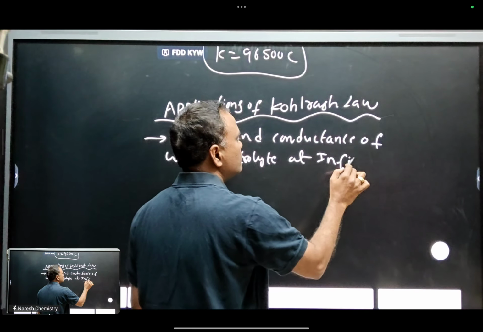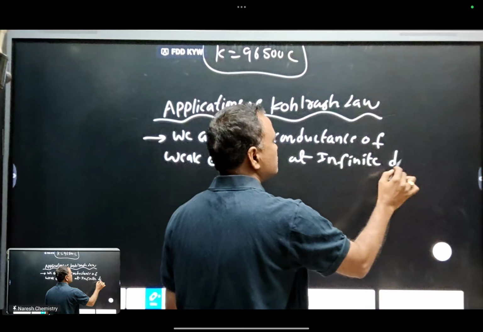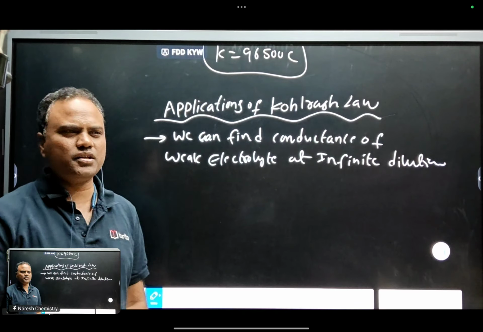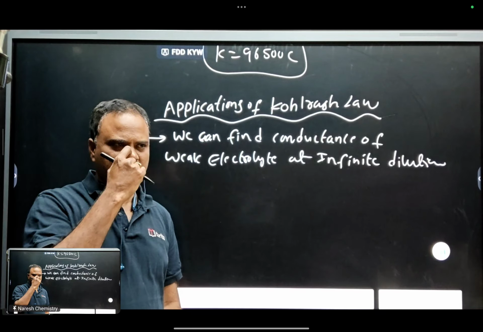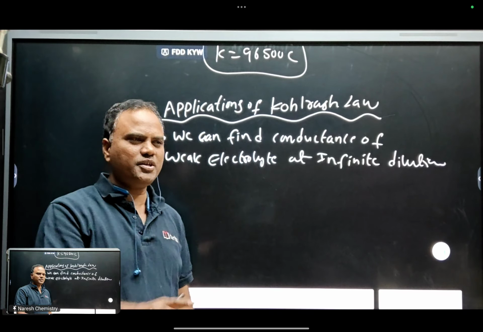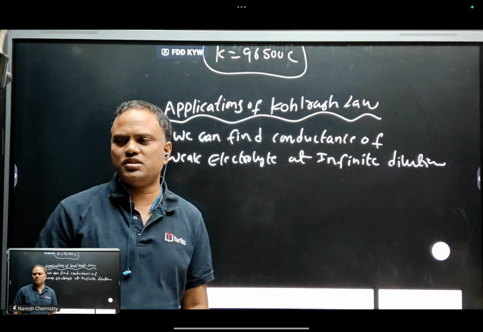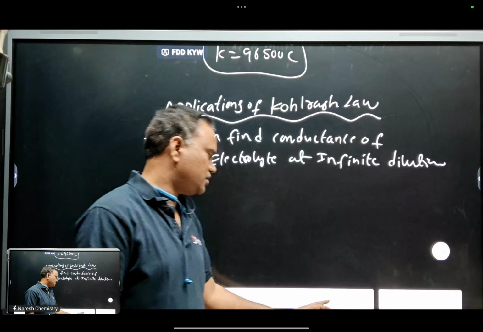The same model question is repeated in the NEET. That is the advantage. The data will be different but the model is the same. Only the numbers are changing, right? But the method is the same, everything is the same. Very easy.